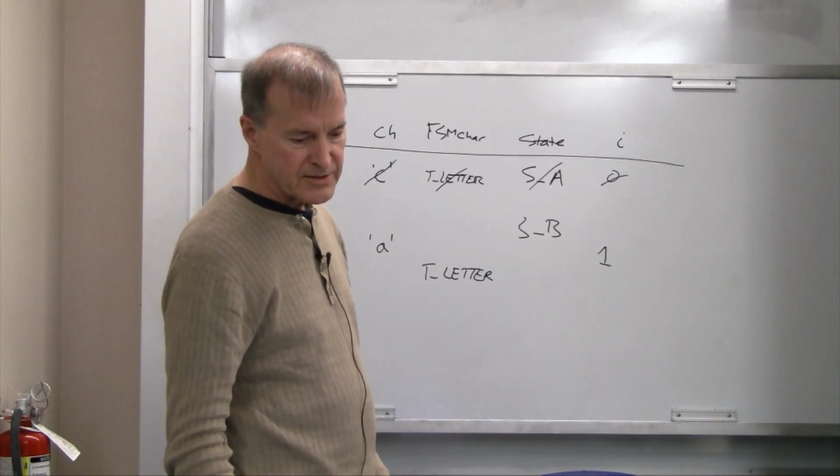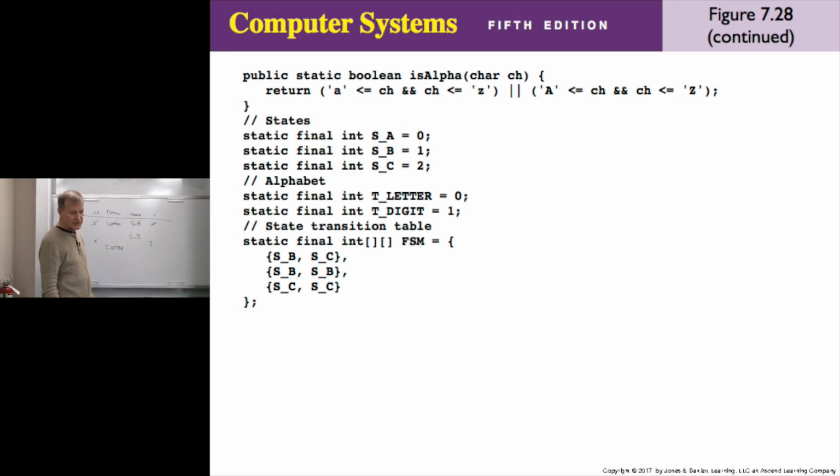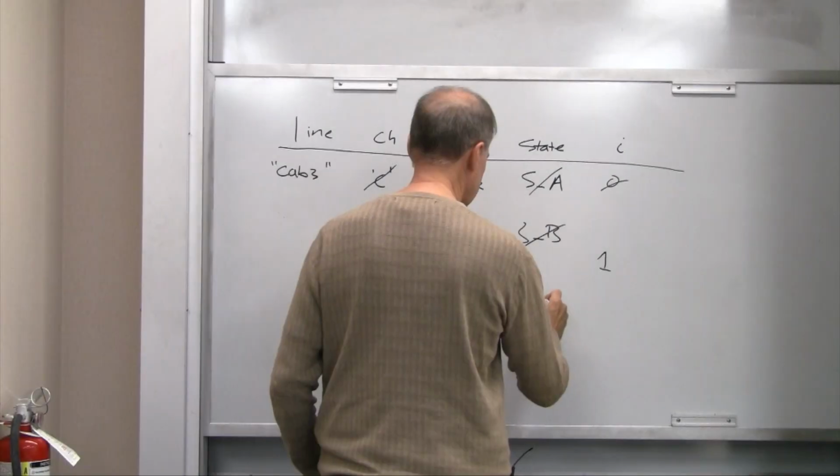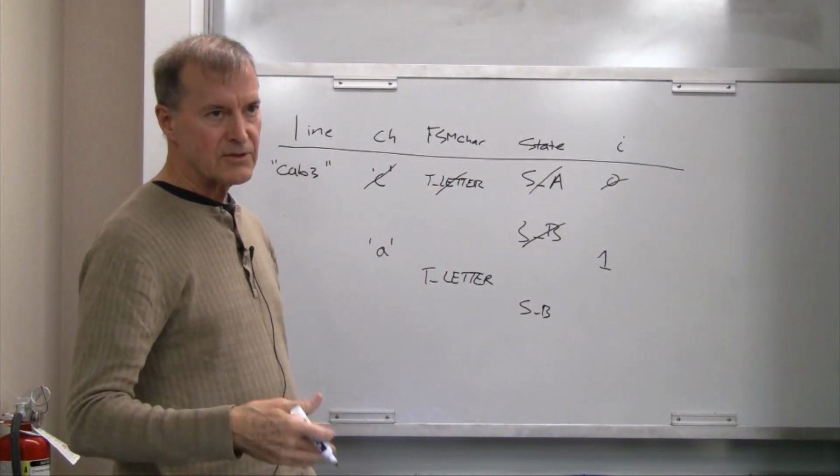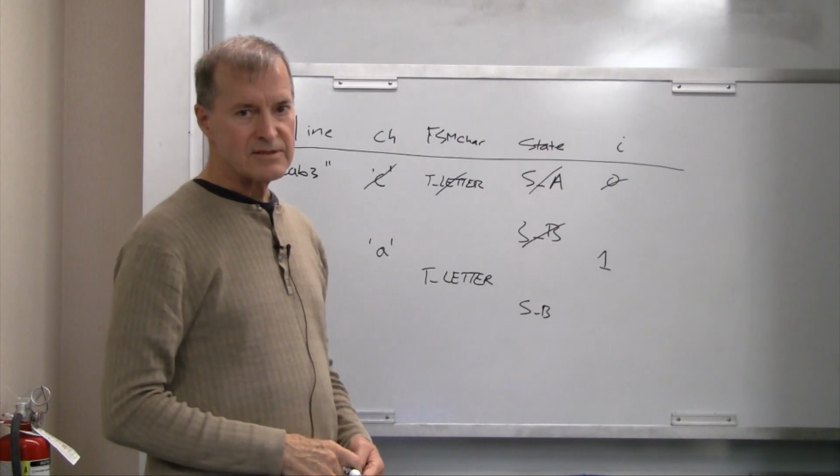So now what is B? So now this is row B, column letter, right? So that's what? Row B, column letter, so it stays what? SB. So now it's SB. We just made it, okay? Is everybody clear on that?